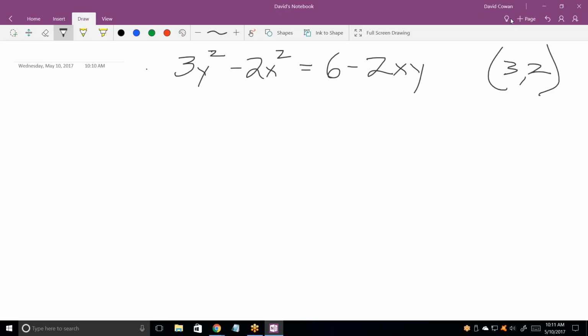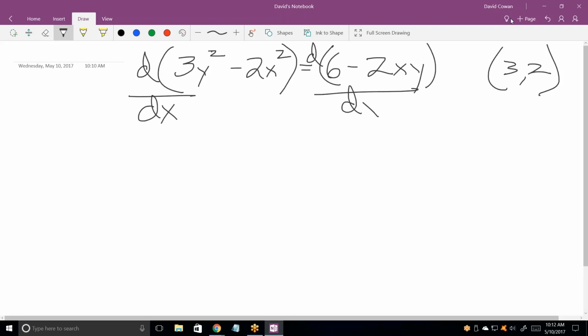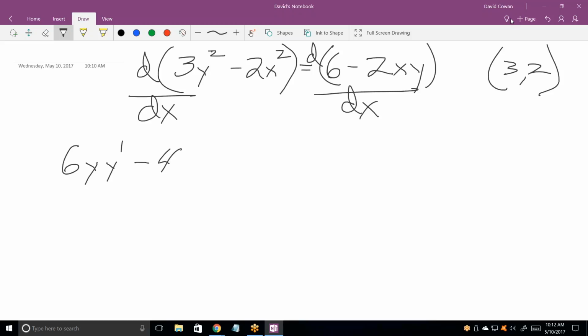And basically what we're doing is this. I'm taking the derivative of the left side with respect to x, and I'm taking the derivative of the right side with respect to x. Okay, so let's go through it term by term. What's the first term going to be? It's going to be 6y prime minus 4x equals, what is it?